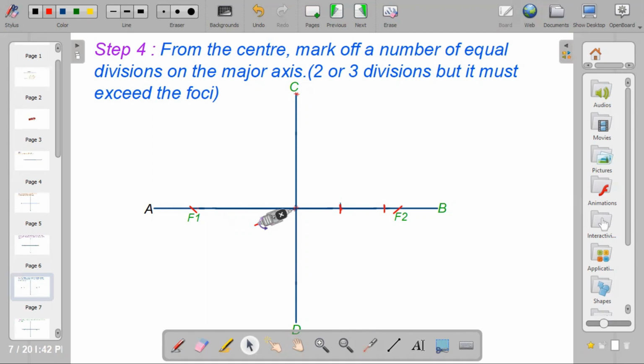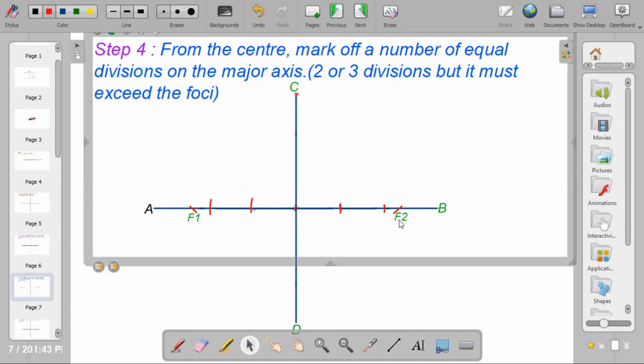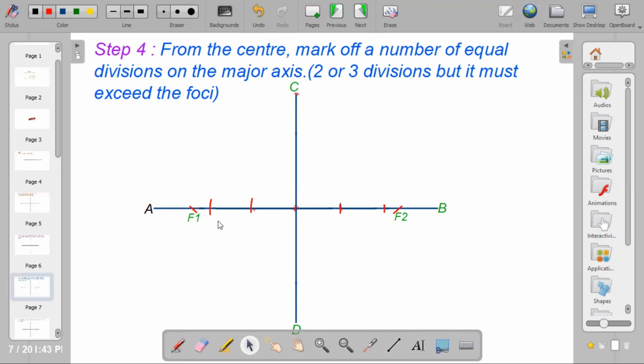I'll also mark off 2 equal divisions, 1 and 2. Then I will number it as 0, 1, 2, 3. The divisions must not exceed the foci, remember.